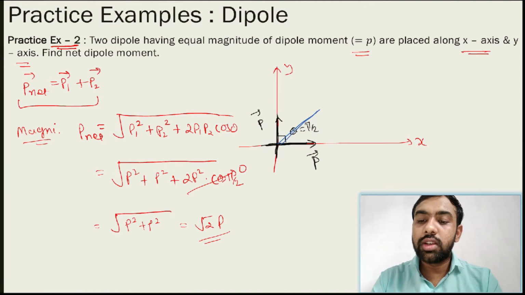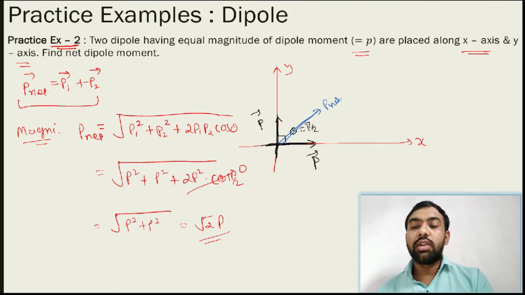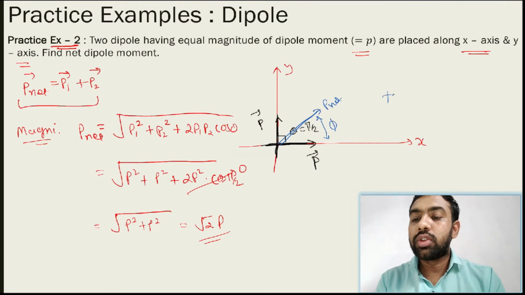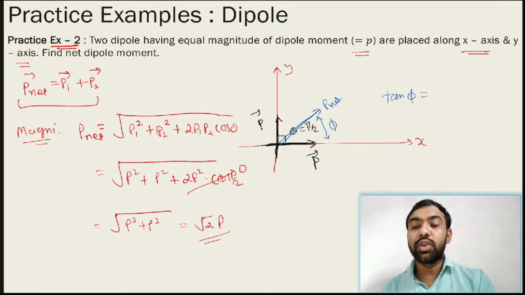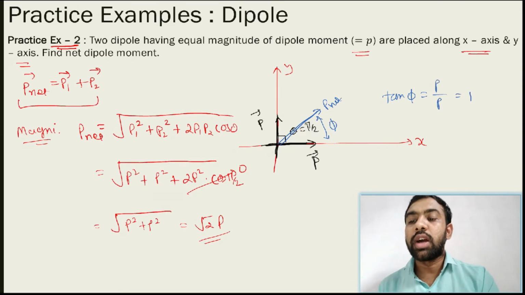Here this is the net dipole moment P net. If you want to find the direction, you can find that too. Suppose this direction is considered as phi. So tan phi is equal to opposite upon adjacent. Opposite is P, adjacent is P, so both are 1.